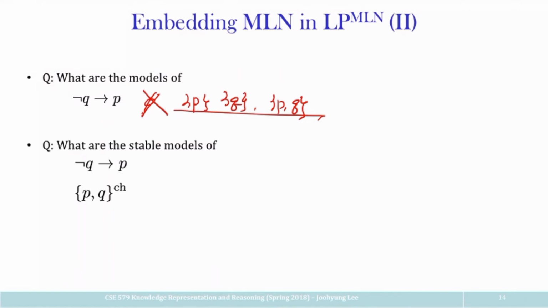Okay, what are the stable models of this? And again, this is according to the theorem that I just talked about before. You can actually call Clingo to do it. You will see that there are also 3 stable models. Okay? So the idea is this: you are given some formula, and you're translating this into another program where this translation adds choice formulas.